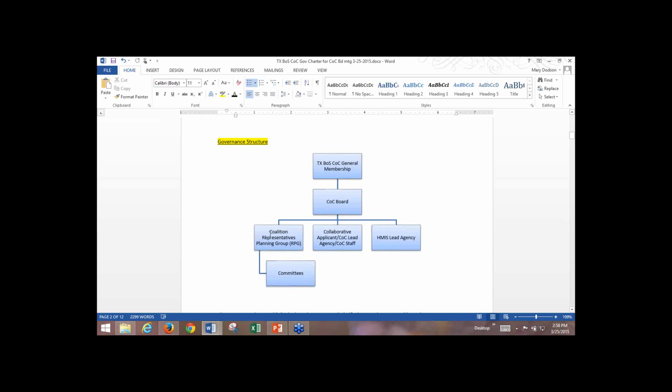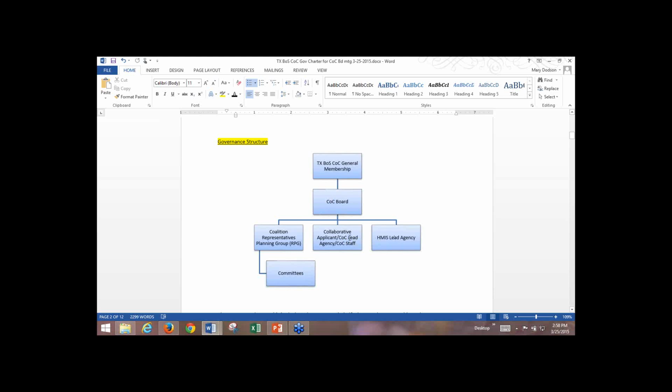And that group will also be the one that will most often send items to the COC board for their vote and approval. The other 2 bodies here are currently, those roles are fulfilled by Texas Homeless Network.